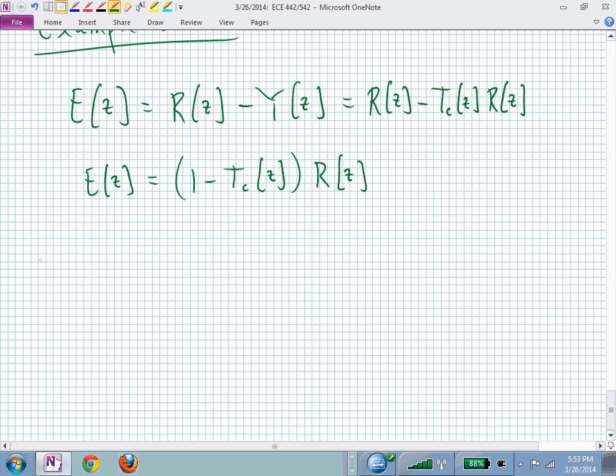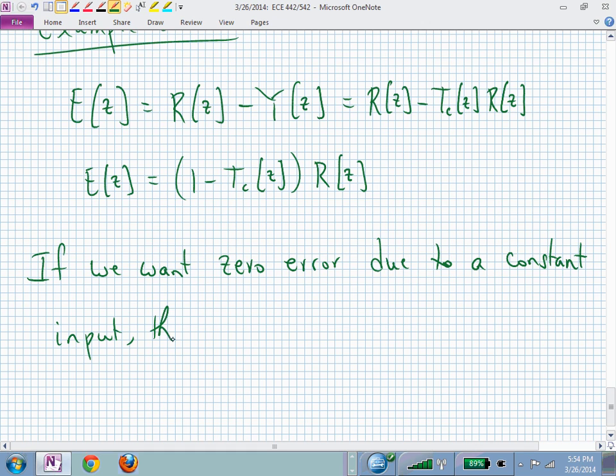If we want zero error due to a constant input, what's the z transform of a constant?